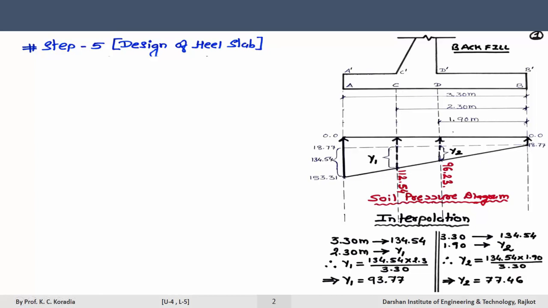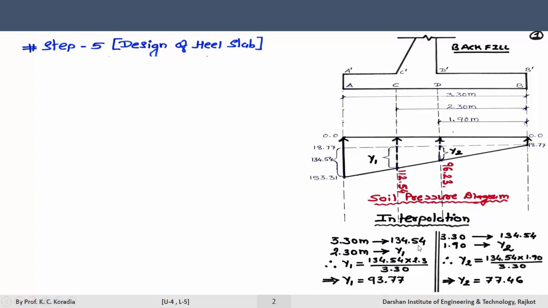Hence, we can derive the pressure intensity at point C and at point D using the linear interpolation method. First of all, we will derive the pressure intensity at point C. To get the pressure intensity at point C, we will use the reference pressure at point A and at point B. Here is the methodology to obtain the pressure at point C using linear interpolation.